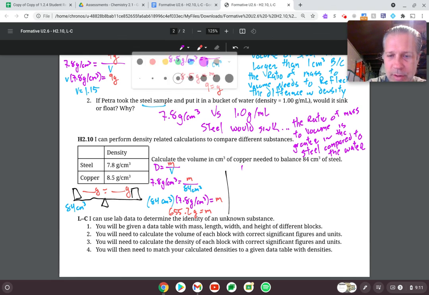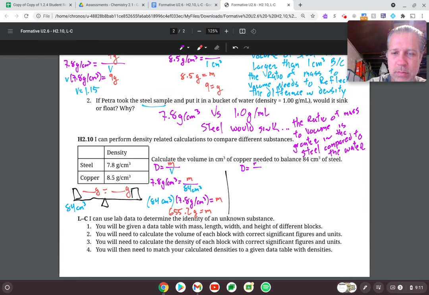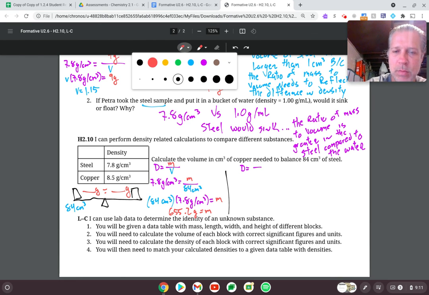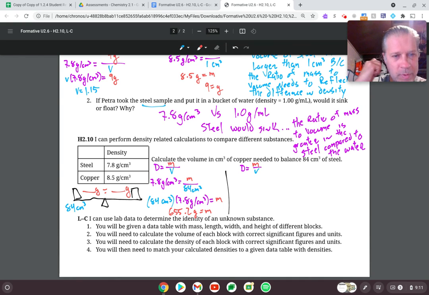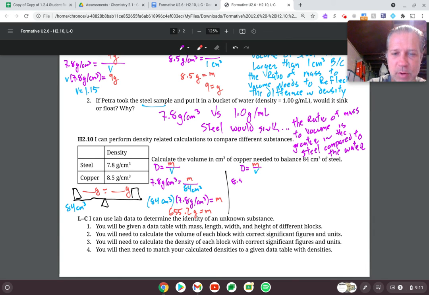So I'm going to start with density is equal to mass over volume. And I know that the density of copper is 8.5 grams per centimeter cubed.